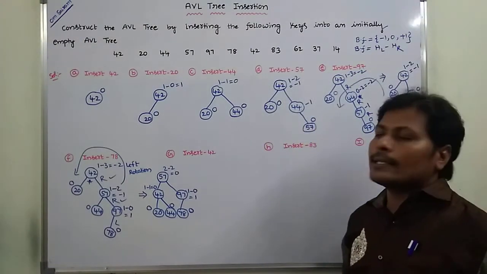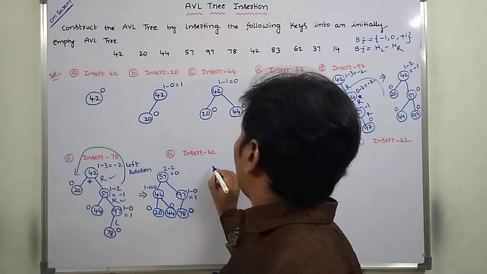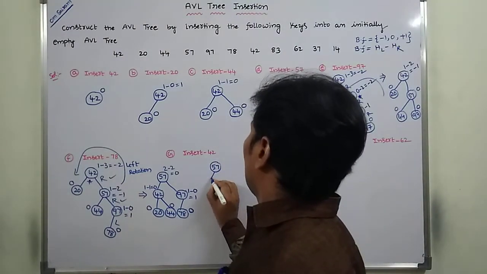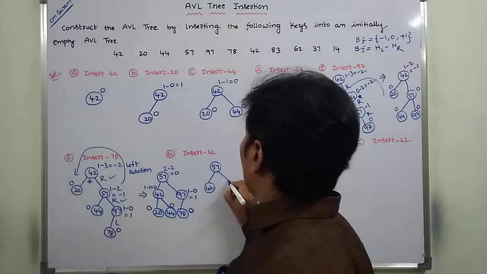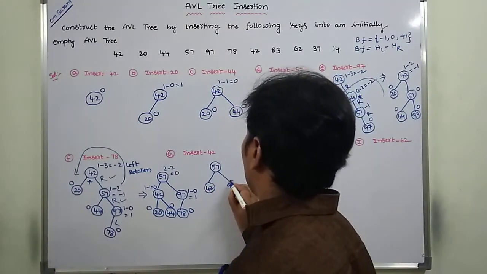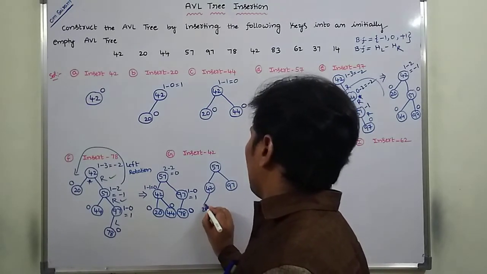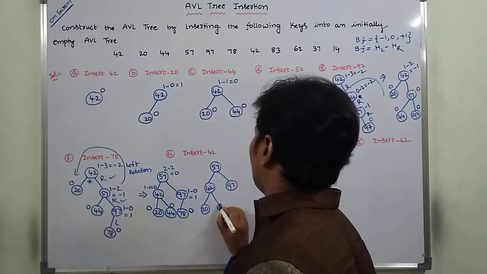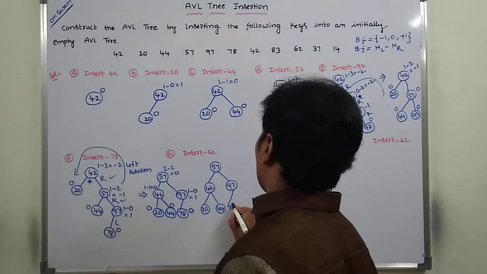Next, we have to insert element 42. So before inserting, the tree is: 57, left child is 42 and 57 right child is 97, and 42 left child is 20 and 42 right child is 44, and 97 left child is 78.